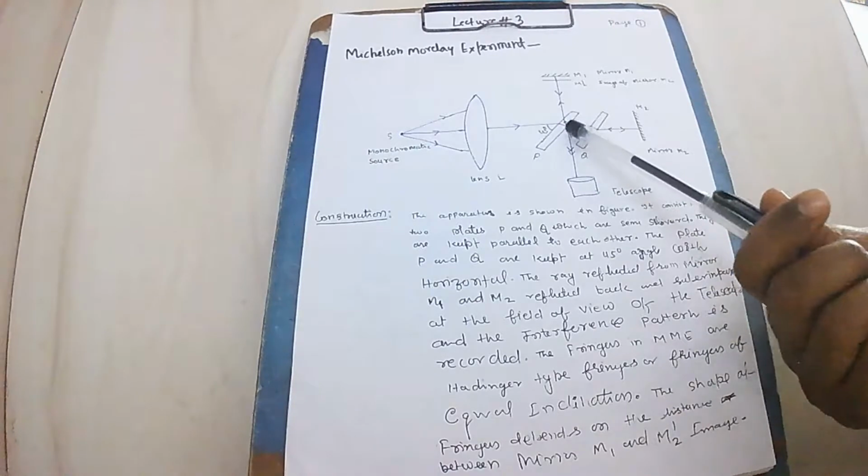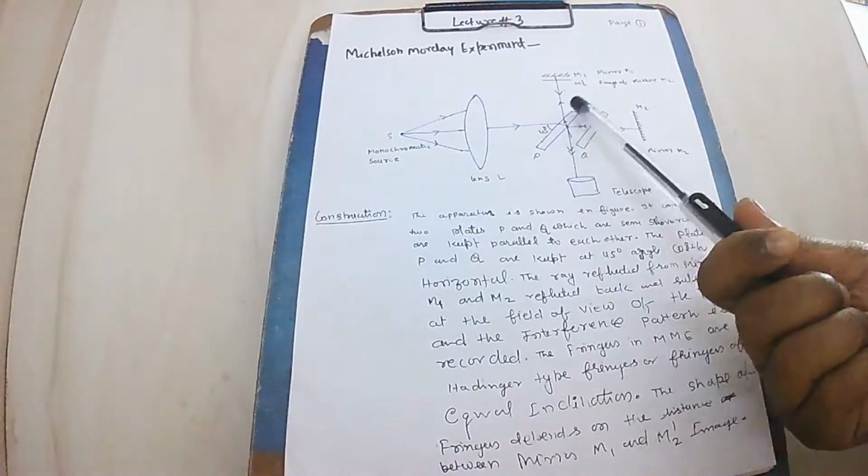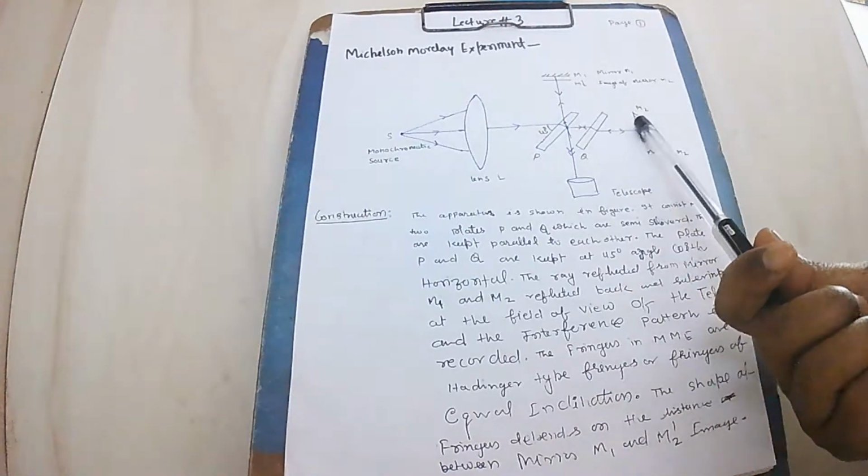When these two rays come back and get superimposed, the ray reflected from the mirror M1 comes out and one ray is reflected back from the mirror M2.